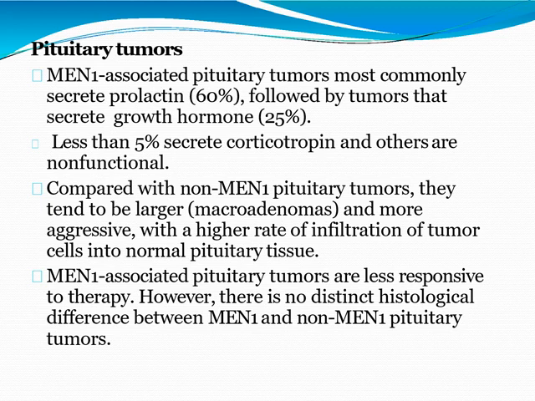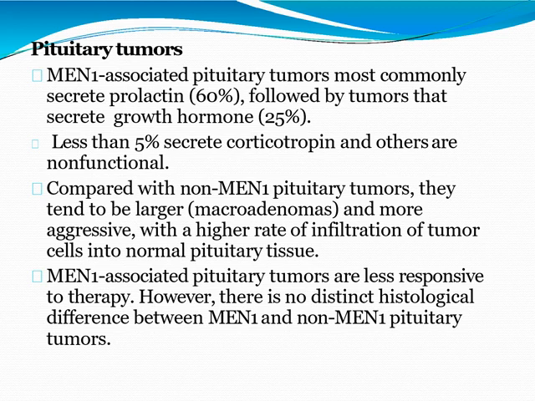Coming to the pituitary tumors, MEN1 associated pituitary tumors most commonly secrete prolactin, followed by tumors that secrete growth hormone. Less than 5% secrete corticotropin and others are non-functional.